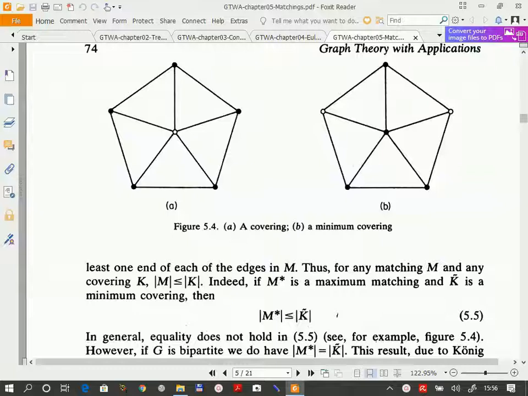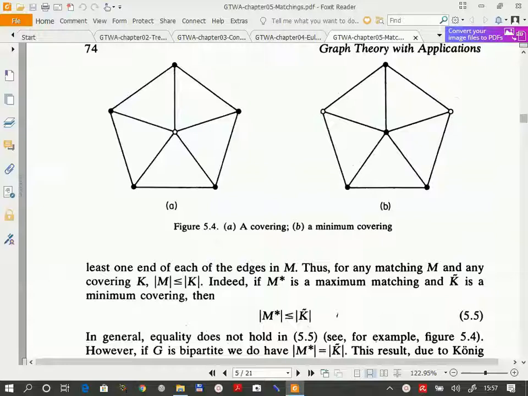What about here? Can we find a perfect matching, for instance? So we already have a minimum covering there. And I can build a perfect and so a maximum matching like this, for instance, okay?